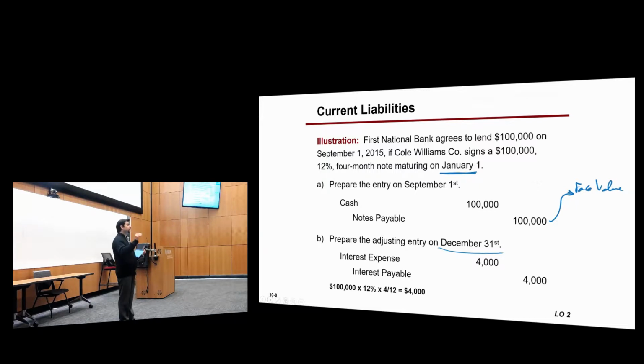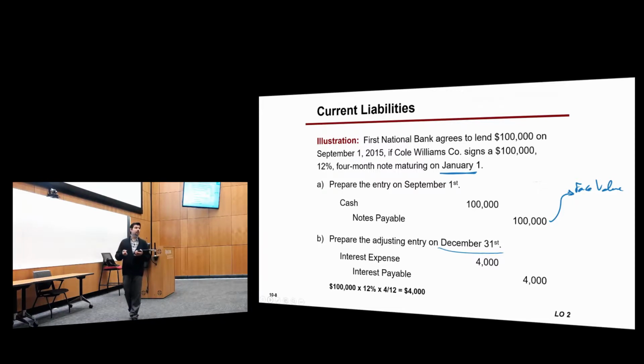So remember that when the company signs the note, they will receive cash, so they will debit cash and credit notes payable. If the maturity date is after the preparation of the financial statements, the company will have to recognize the interest expense during that time, but because they will not pay it, it will be credited to interest payable.